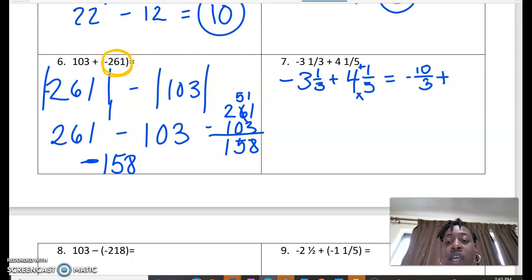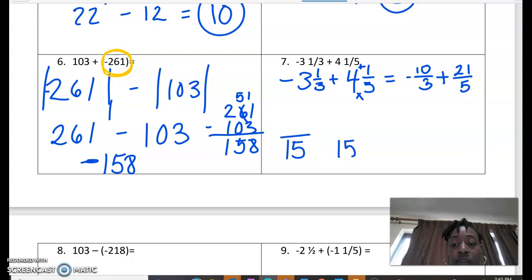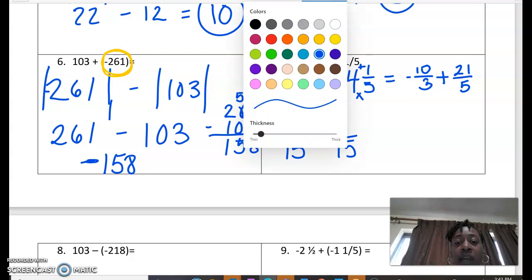Sorry, you can't see all of that. That's going to be 21 over 5. So 21 over 5. Now I'm going to find my common denominator, which I know is 15. So I'm going to write 15s here. I'm going to do a plus, and I am going to do the multiplication to make my equivalent fraction.